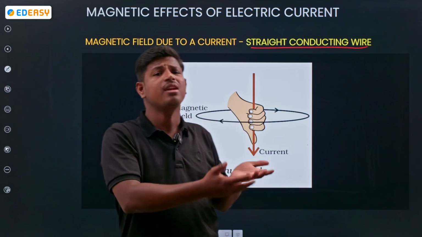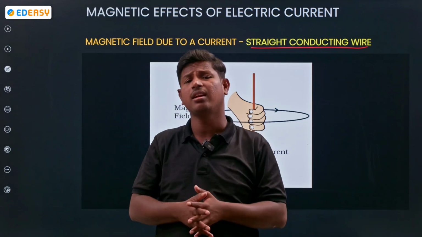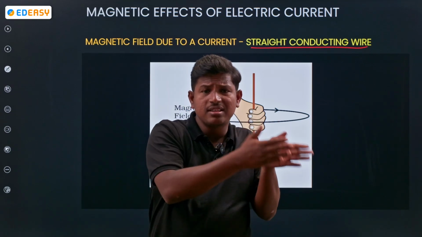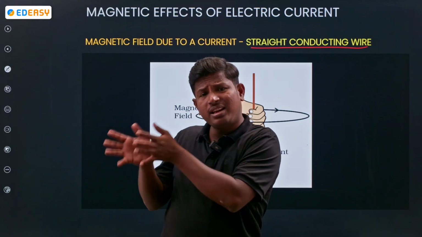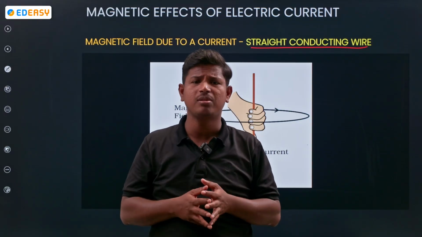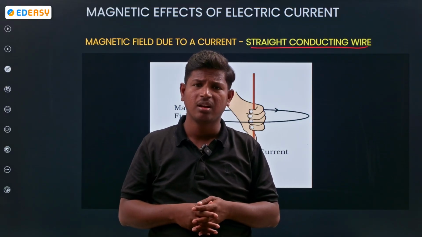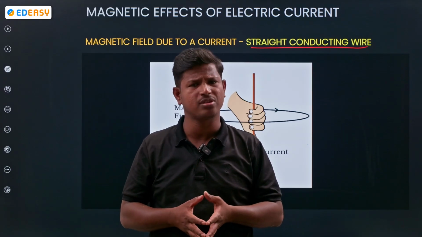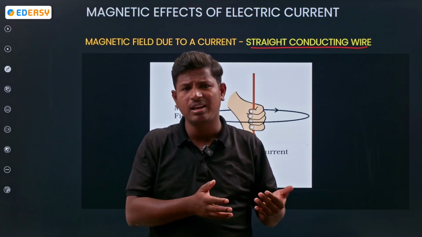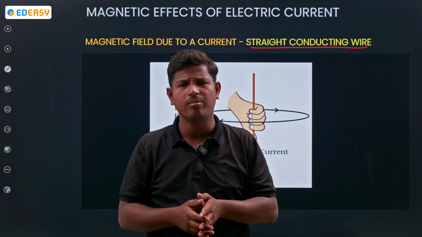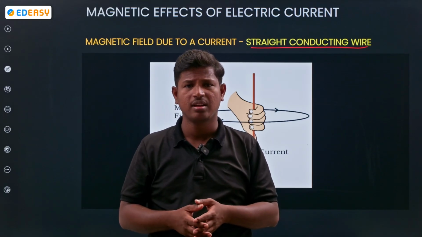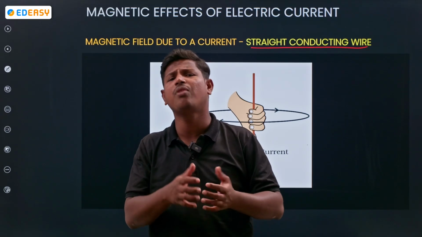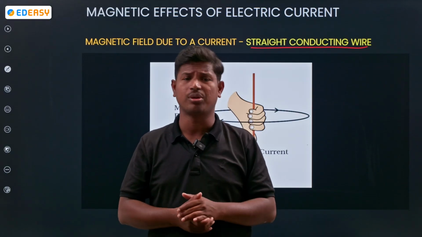If I need to explain to others, how can I explain the electric field is in this direction and the magnetic field is in this direction? Is it possible? It's very difficult to remember first of all, how the electric field will be, how the magnetic field will be, in which direction. That's why we have to follow the right hand thumb rule.